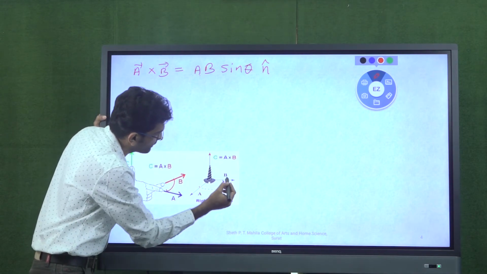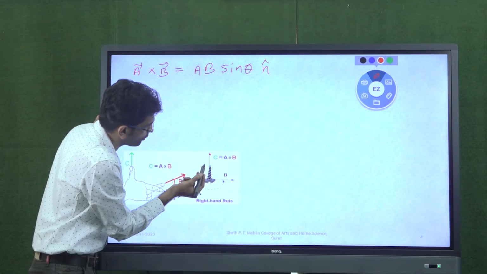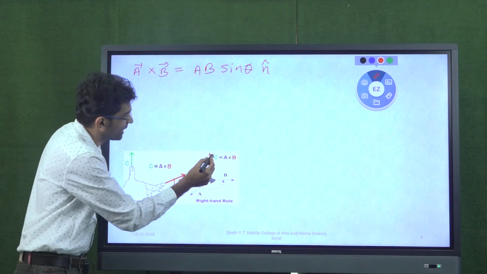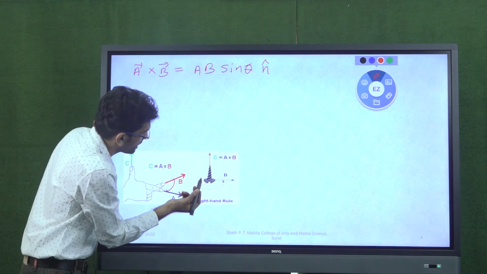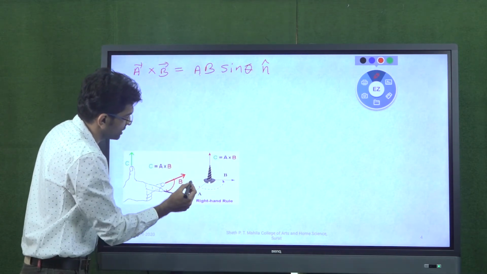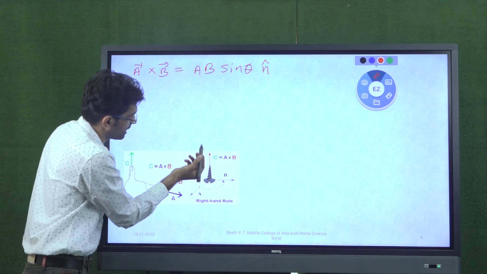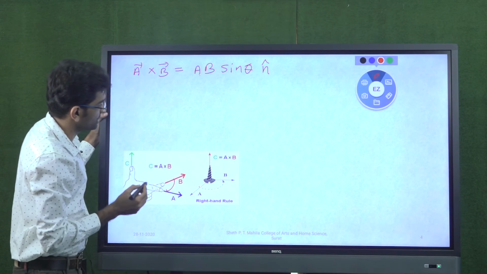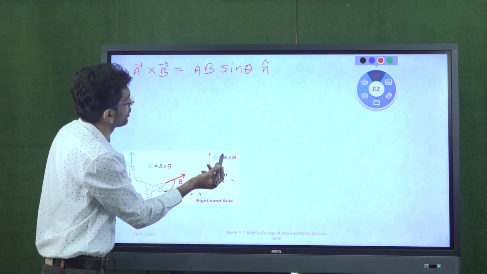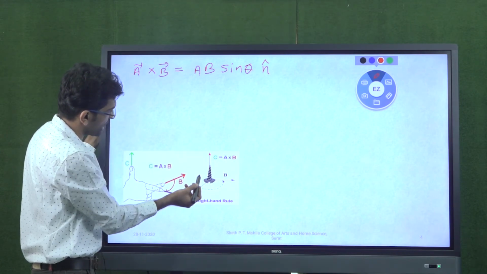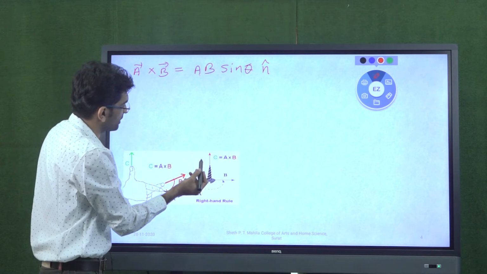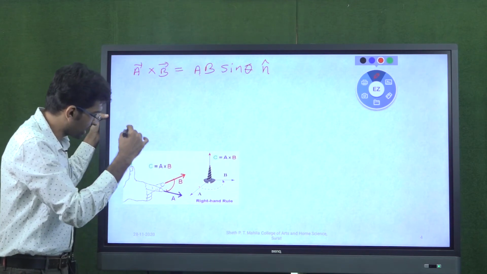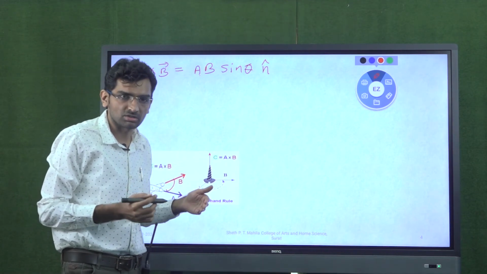So from A to B, this screw will advance in the upward direction, and that's why the direction of A cross B will be upward. So what is this n cap? N cap is nothing but the direction of A cross B. So here in this case, this n cap will be in the upward direction. So this is the vector product of vectors, right?